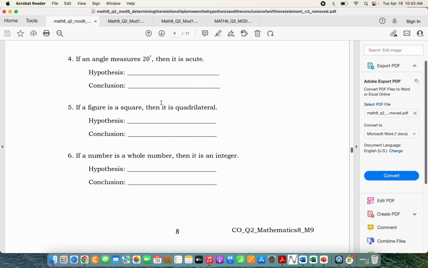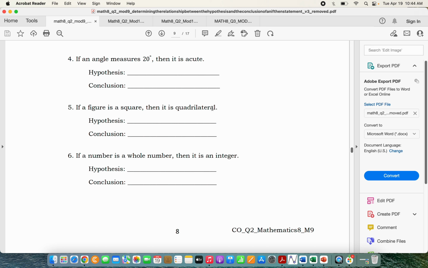What if kung sinabi nating if a figure is a triangle, then it is a quadrilateral. Do you think we have a correct conclusion? What do you think? No. Because when we say triangle, how many sides do we have? 3.